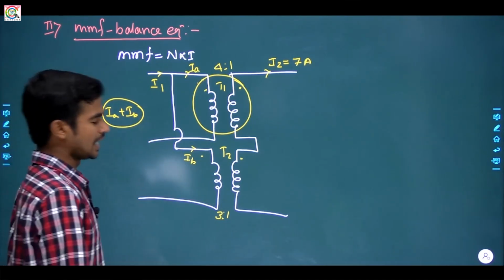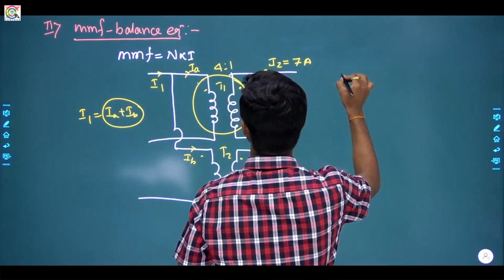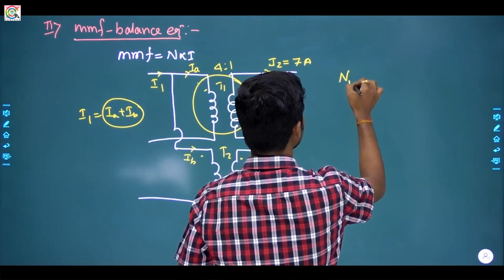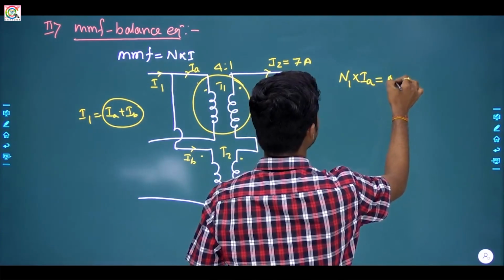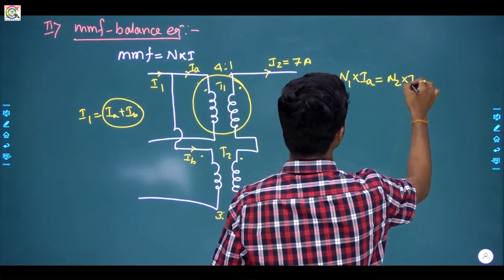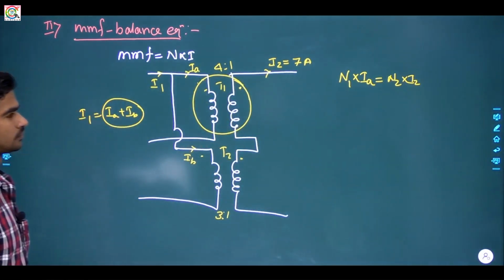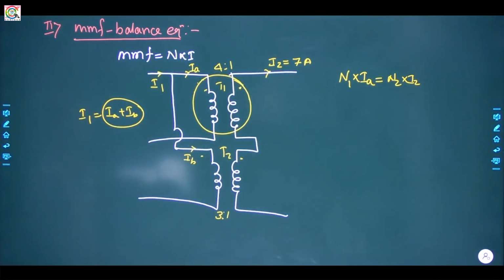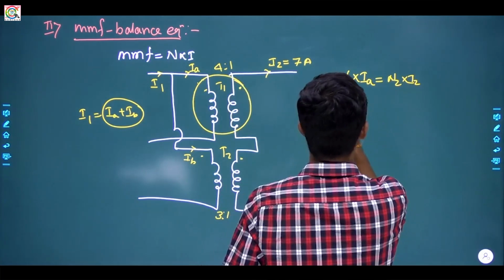Okay. Now what is the MMF balance equation? I can write here the primary side MMF, that is N1 into IA, must be equal to N2 into I2. So N1 into IA is equal to N2 into I2.